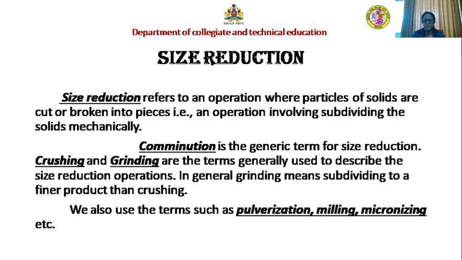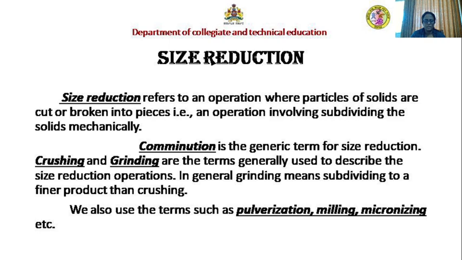So there is a general term called comminution that is used for size reduction. However, the common terms used for this operation are crushing and grinding. So usually there is a small difference between crushing and grinding. Crushing is usually applied to that size reduction operation where the particles are reduced to coarse particles.